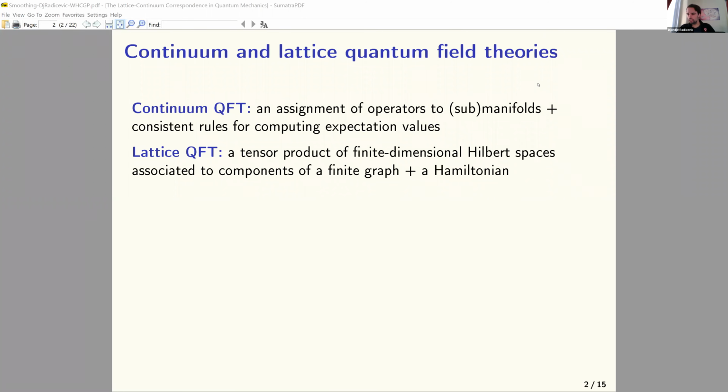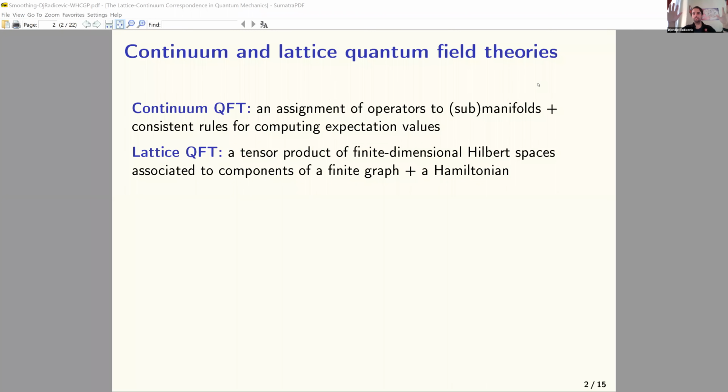So I want to start by explaining what I precisely mean by the words lattice and continuum when talking about quantum field theories. These are essentially two very different frameworks for thinking about quantum field theory. And I think a fair way to describe them is as follows. So when I talk about a continuum QFT, I have a setup like this in mind.